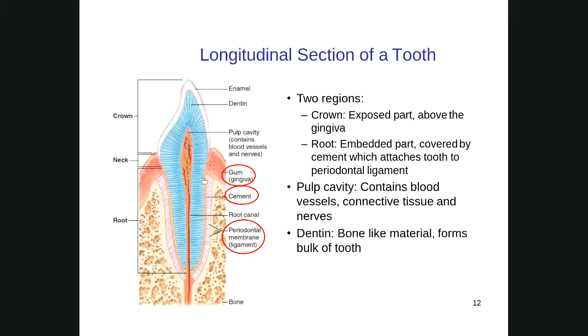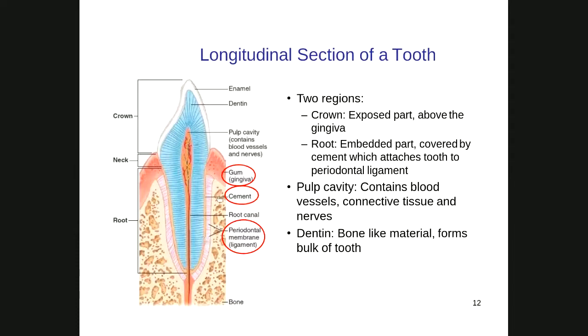So here you can see the root which goes into the bone, and the root is surrounded outside by the cement, which is a special type of calcium salt that attaches the dentine material of the teeth to the periodontal ligaments.